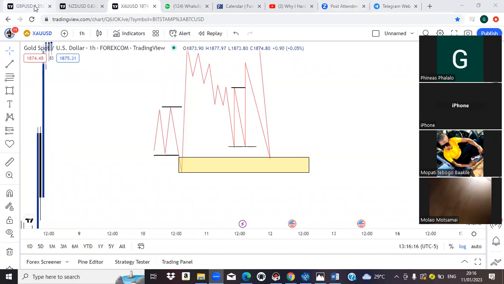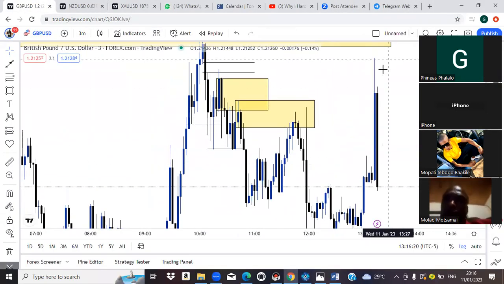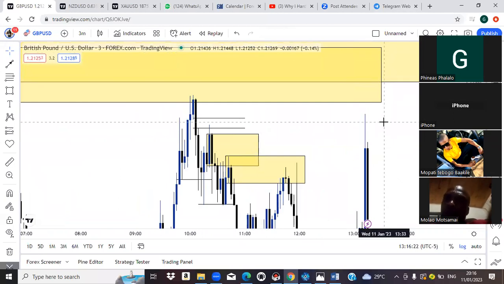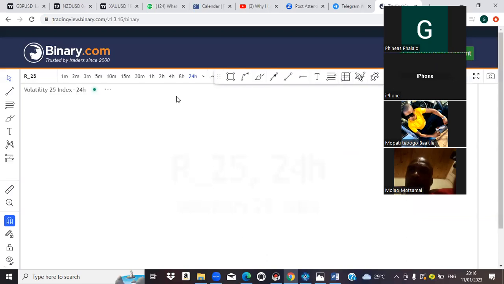This setup today. It's V50, V15, they are the same thing.